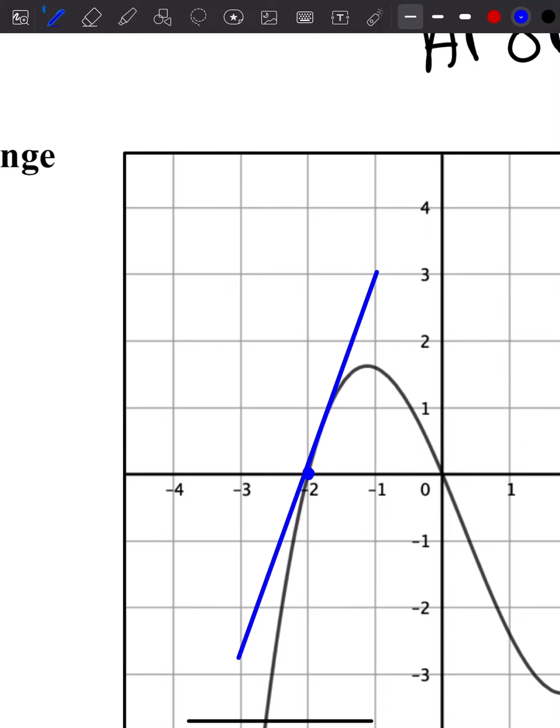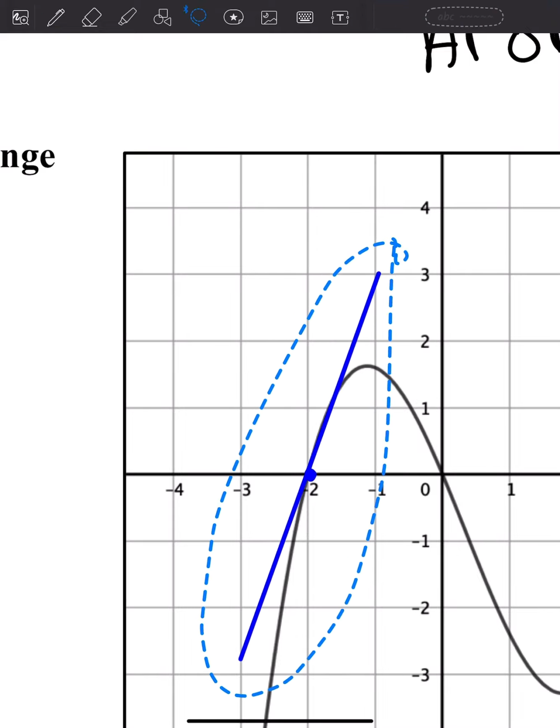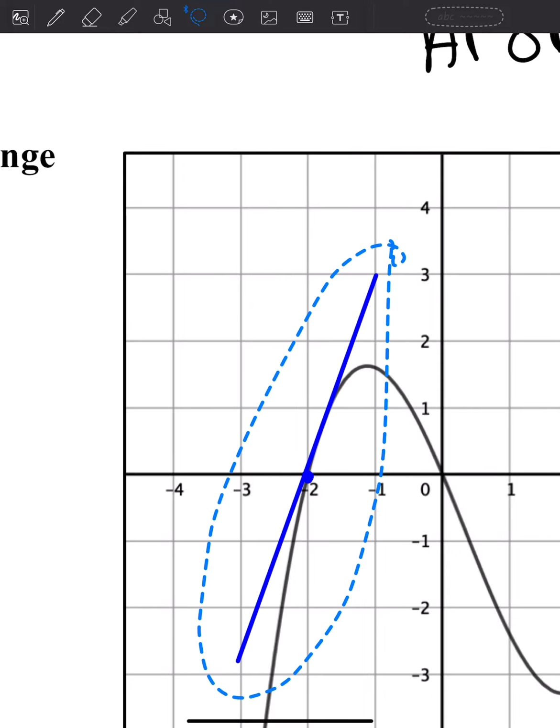So we get a line that looks like this, and it's kind of even a little off. I just want to turn it a little bit. If only I could rotate this.